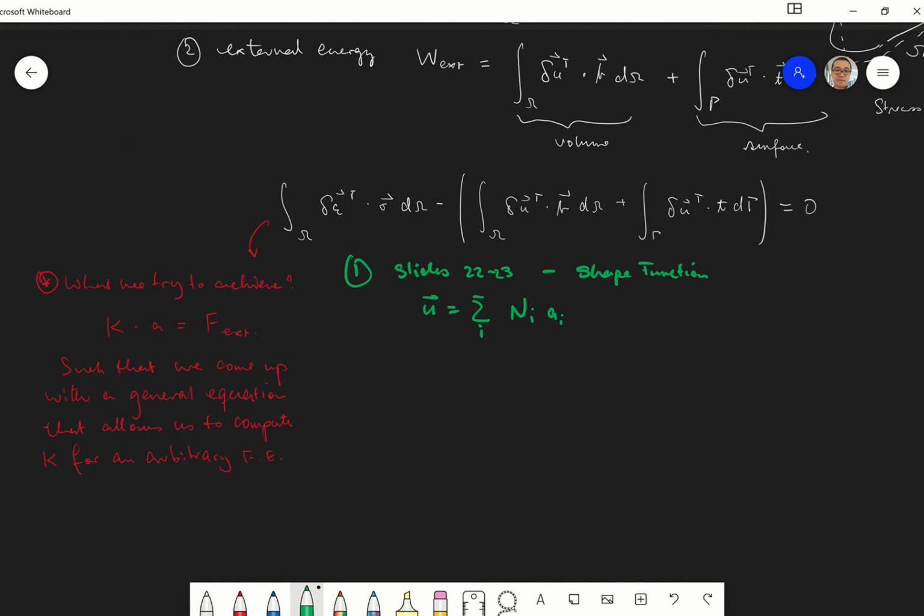This N is our shape function. So what does this shape function do?